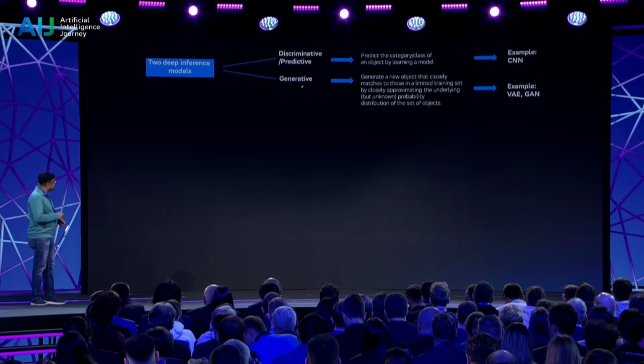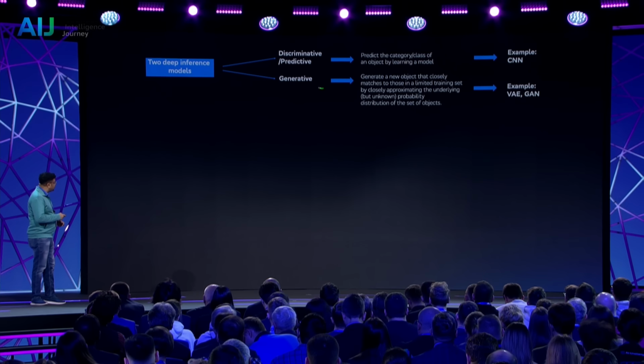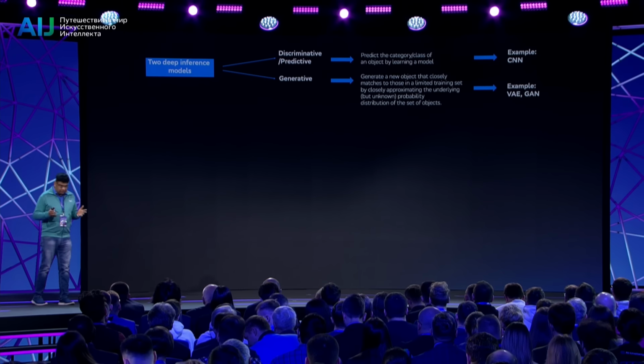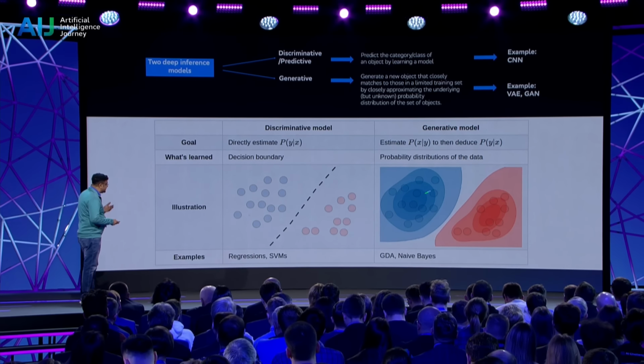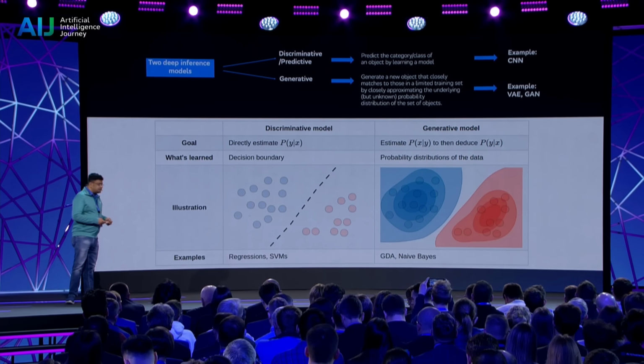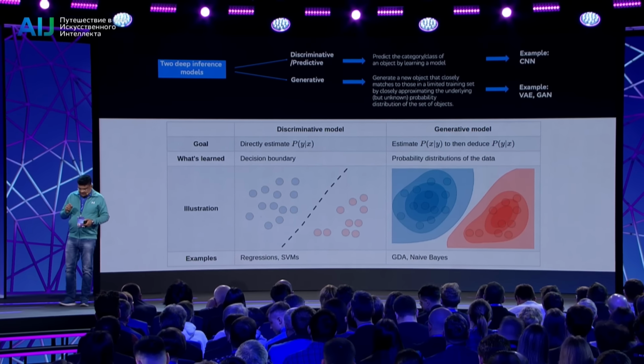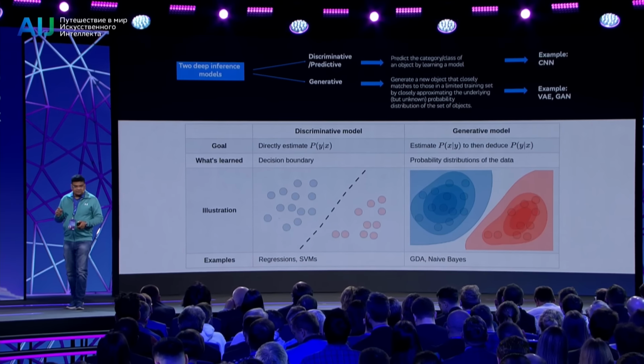On the other hand, there is the generative model, where the categorization of different data objects into different classes comes as secondary, but generative models try to understand the underlying data generating distribution, or they try to estimate the probability distribution from where the data points must have been sampled.